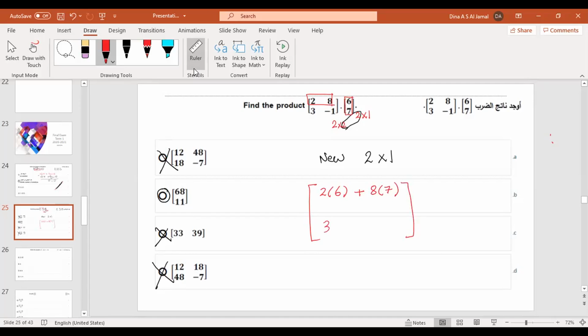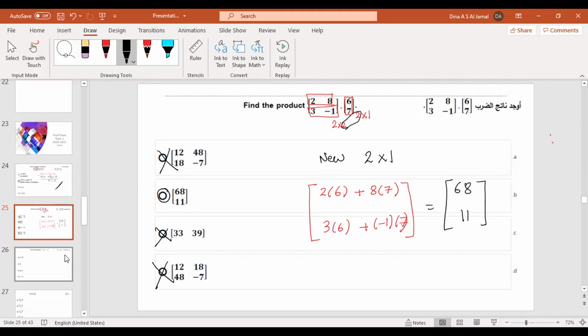Then 3 multiplied by 6 plus minus 1 multiplied by 7. If you calculate this, it will be 68, and here you will be having 11. And this is your answer. Now let's go to the other question.